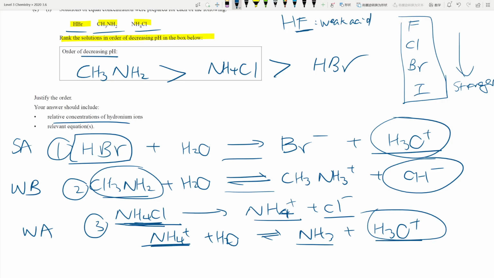Remember, F is the most electronegative element. That means it really wants to bond to the hydrogen, so that's why it's going to be a weak acid, because it doesn't want to let it go. As the electronegativity decreases as you go down the group, chlorine becomes less electronegative, Br becomes less electronegative, so they are more open to letting the H go, so they tend to be stronger acids in that regard. Okay, so hopefully this makes sense.